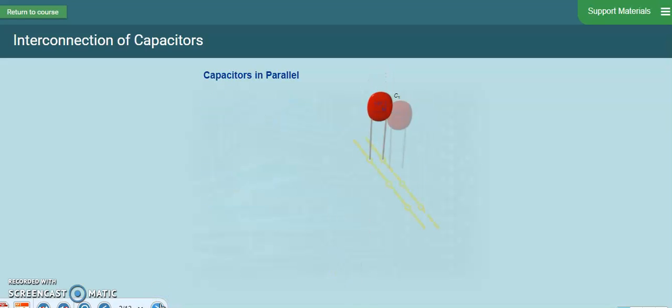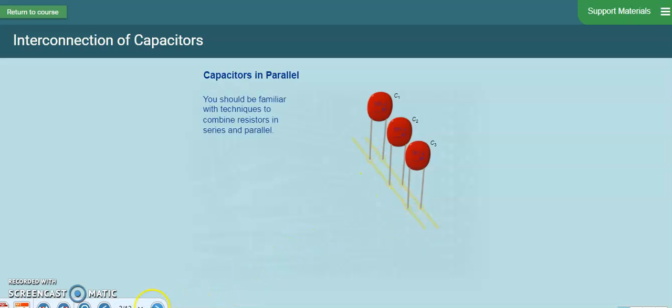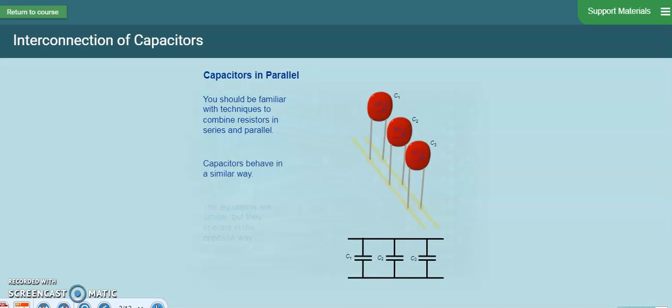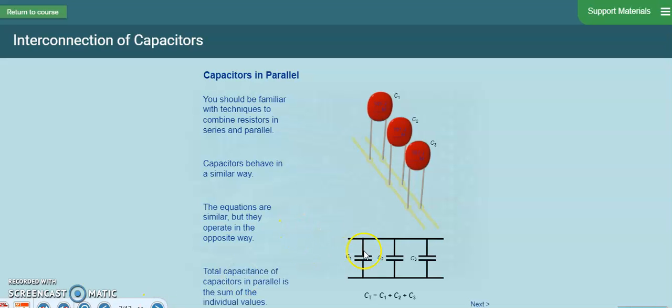Here you can see how the capacitors are connected in parallel. This is how you draw the schematics of capacitors connected in parallel. It is just the opposite of resistors connected in a parallel circuit.